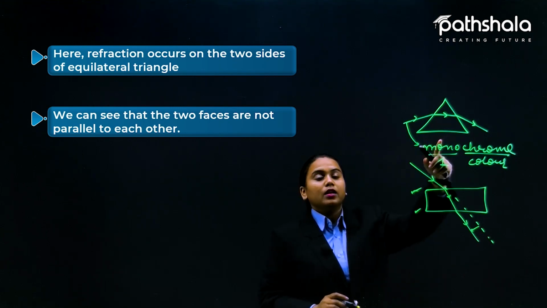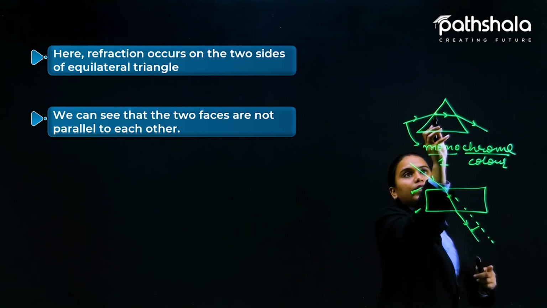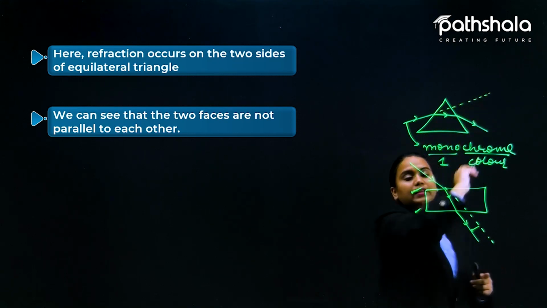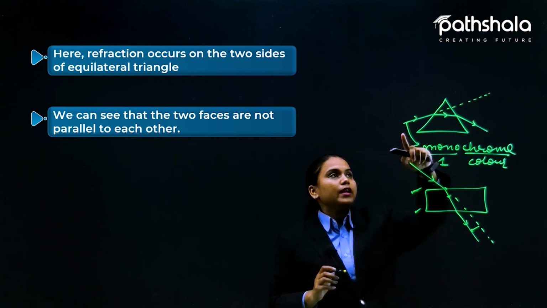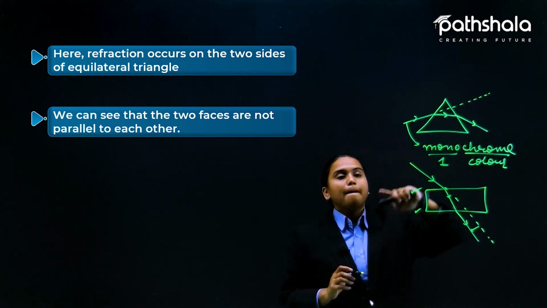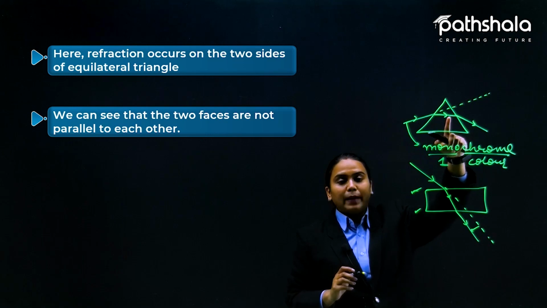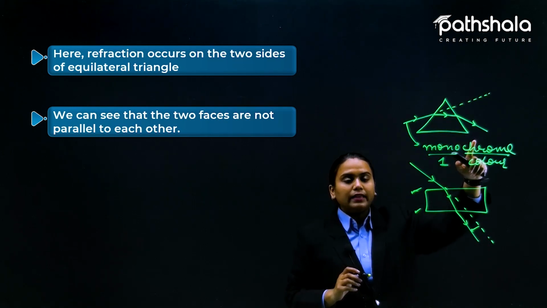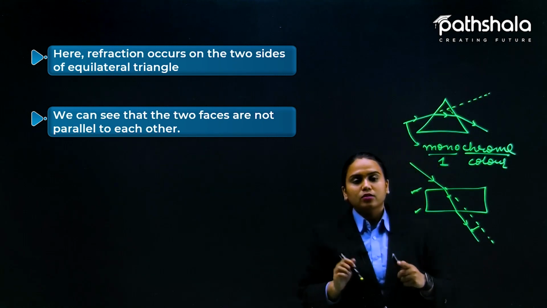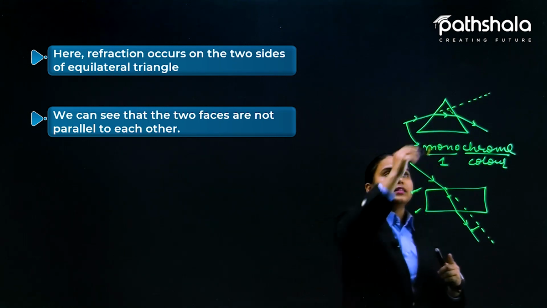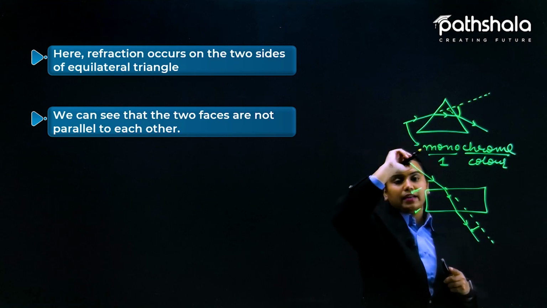But here what is happening, the light ray is going like this, but if this particular prism is not here, let's suppose, then the light would be going straight like this. Now it gets bent and deviates like this. So we can say that it got deviated like this. So the deviation angle is there, some angle it is making like this.